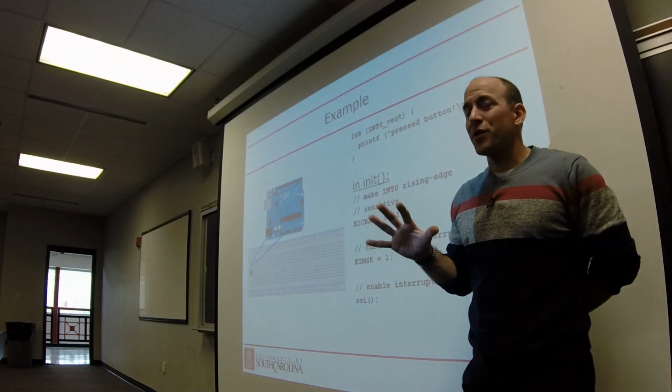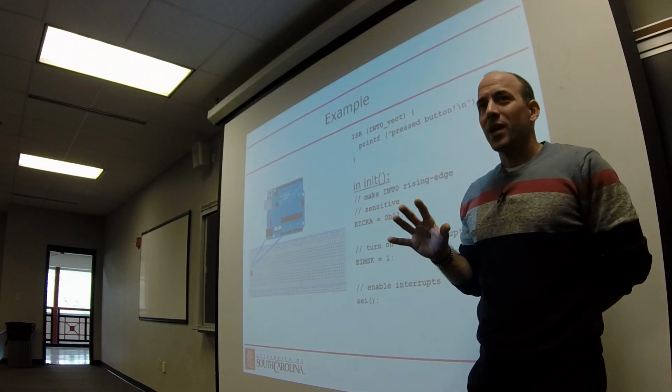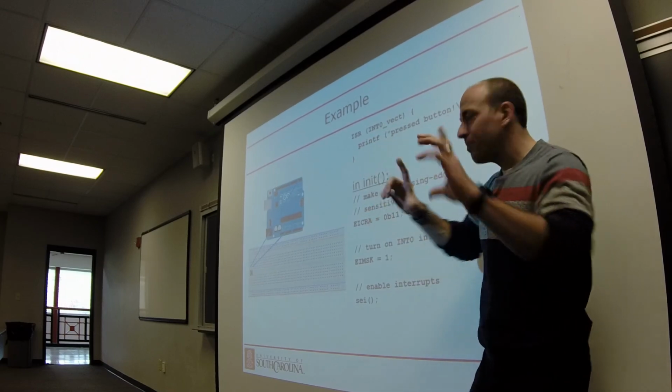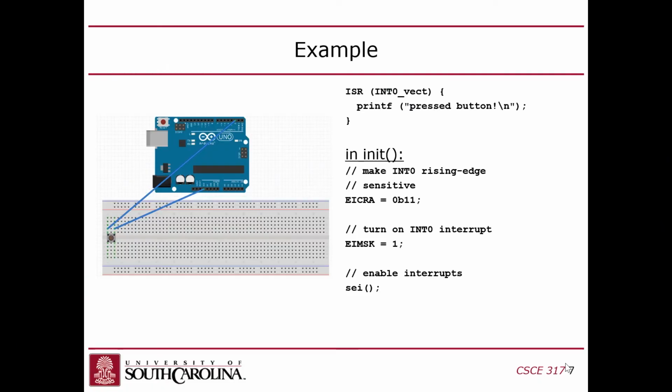Now I wasn't actually sure if this would work, because when you push the button, you're going to have a rising edge, but it's not going to go from ground to VDD. It's not going to go from 0 to 5 volts. It's going from floating, from a disconnected state, to 5 volts. But it still worked, right?